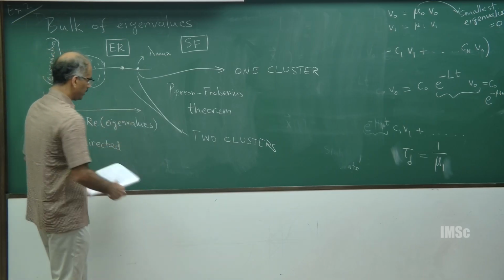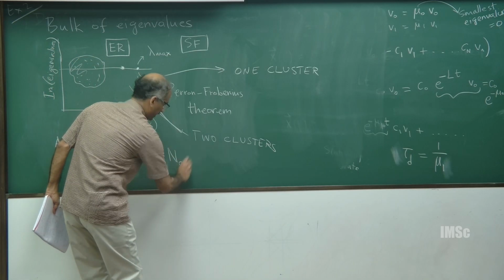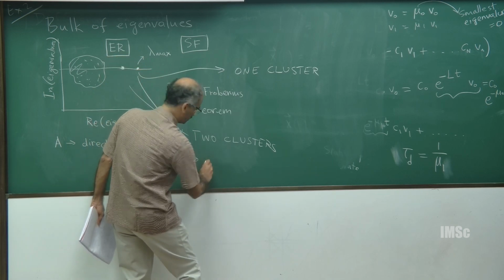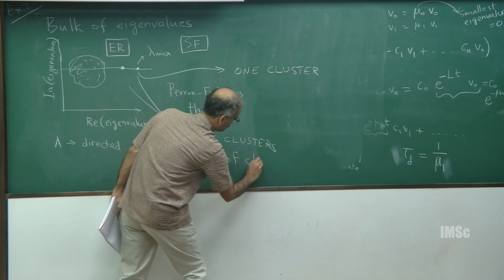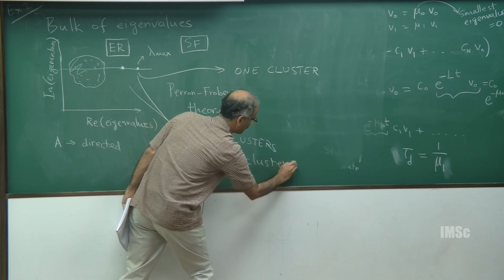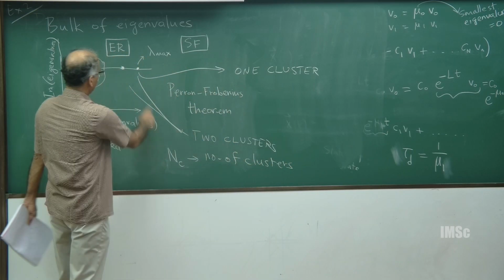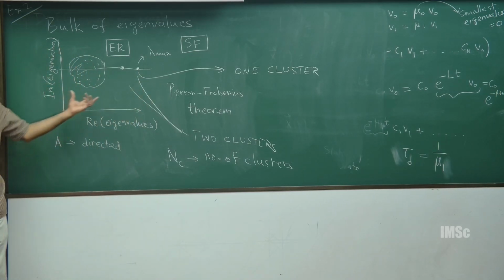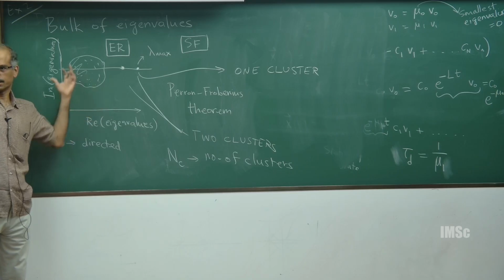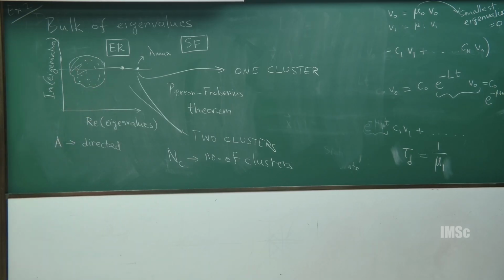And in general, if NC is the number of clusters in your network, then you will have NC eigenvalues which are outside the bulk, outside this cloud of eigenvalues.